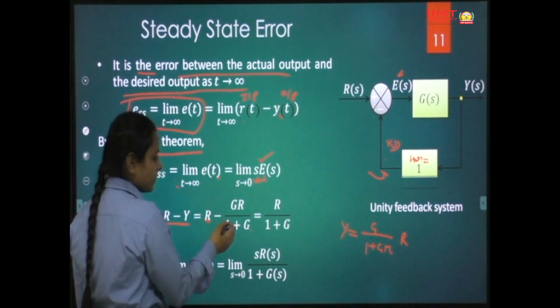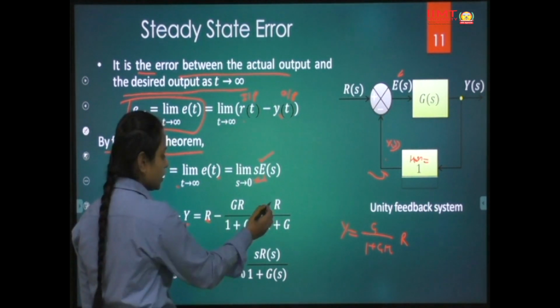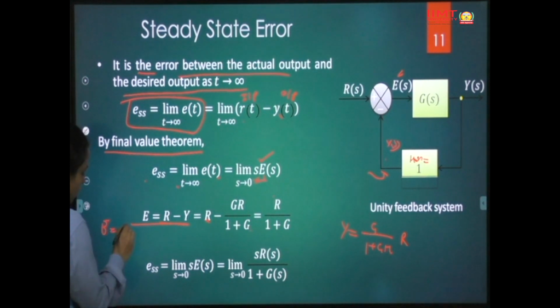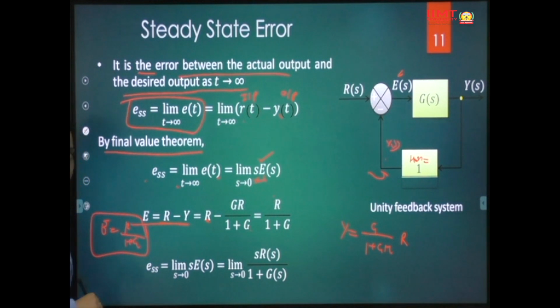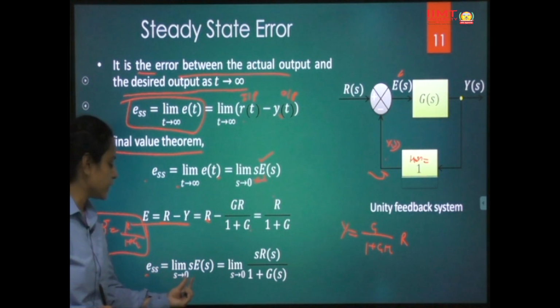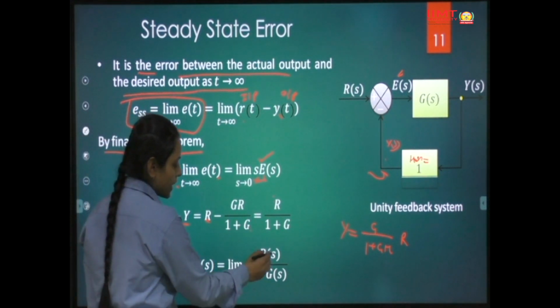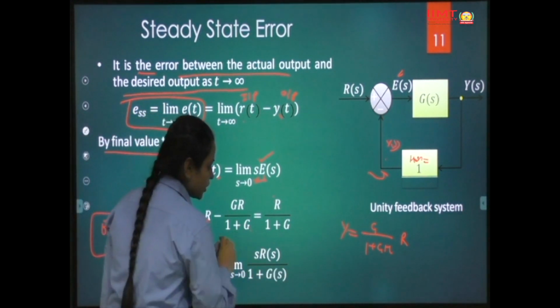If we simplify this, we get E is equal to R upon 1 plus G. So this is the transfer function for error. If we use the final value theorem, ess would be equal to limit s tends to 0 sE(s), or limit s tends to 0 sR(s) upon 1 plus G(s).